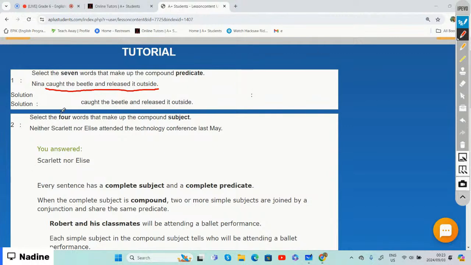All right, now let's look at the next one. It says neither Scarlett nor Elise attended the technology conference last May.